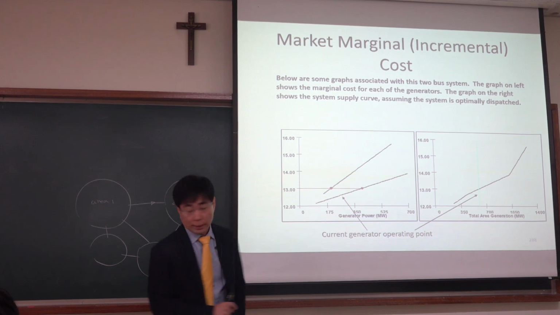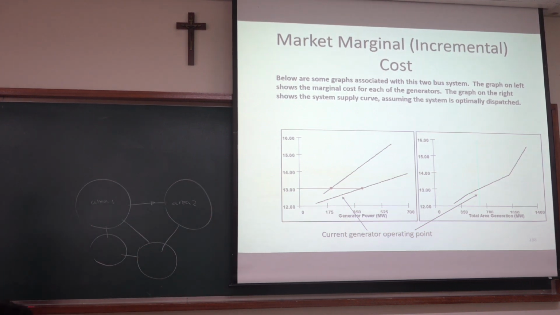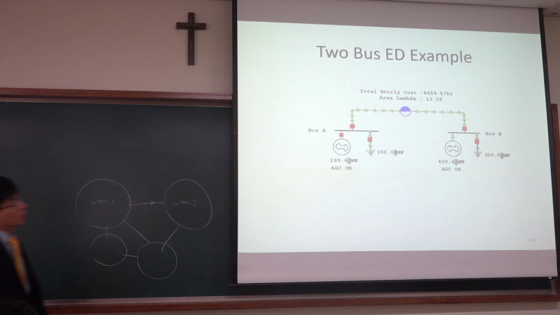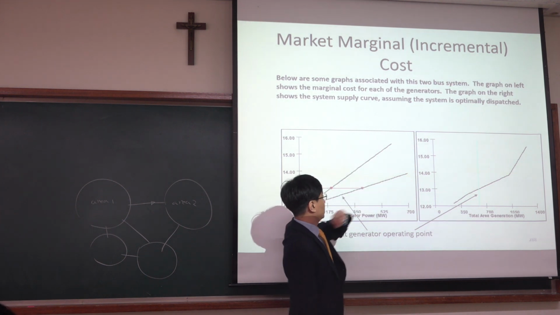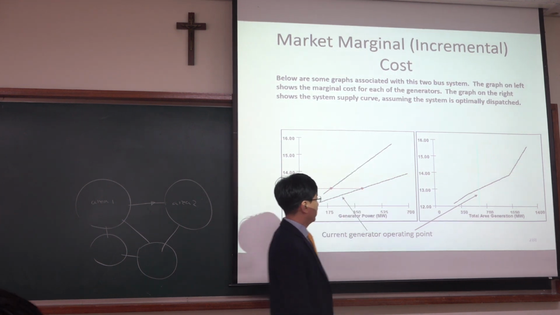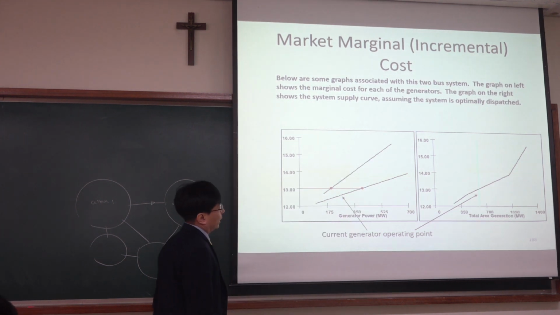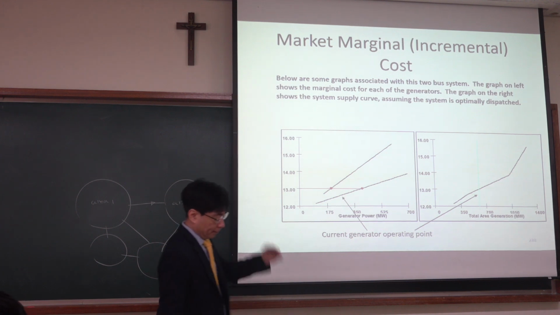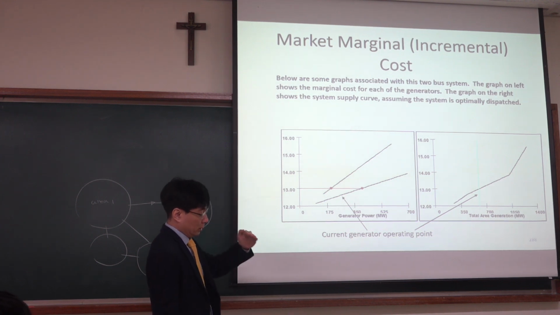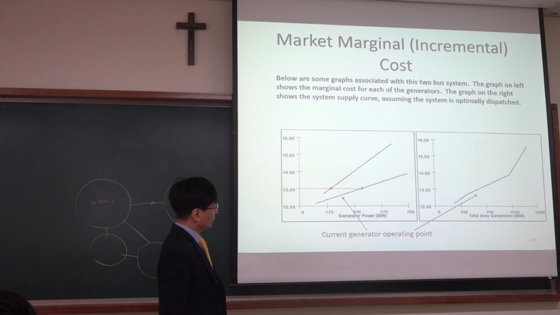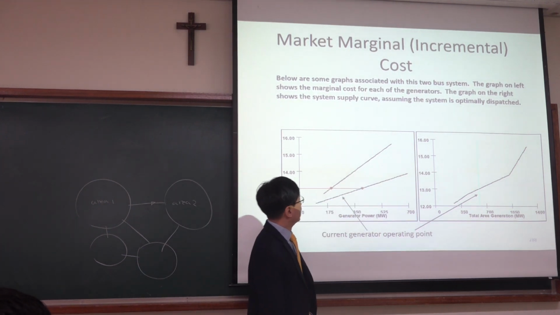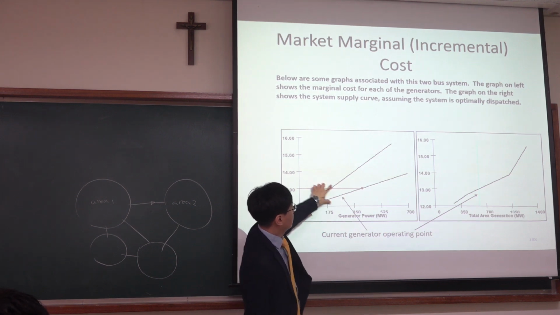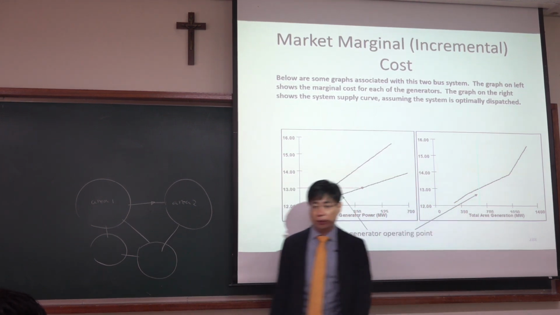The market marginal cost or incremental cost is, in this example with 2 generators, the marginal cost of generator 1 and the marginal cost of generator 2, and the transmission limit is not binding. For this price, they can determine the output of the generation, and the sum of these 2 gives you this kind of area supply curve.